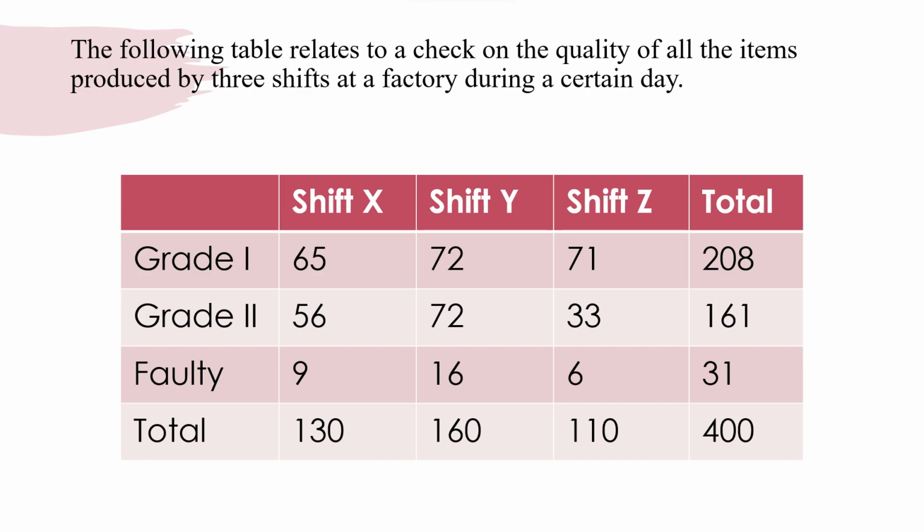For shift Z, there are 71 grade 1 items, 33 grade 2 items, and 6 faulty items, and the total units produced is 110 in shift Z.